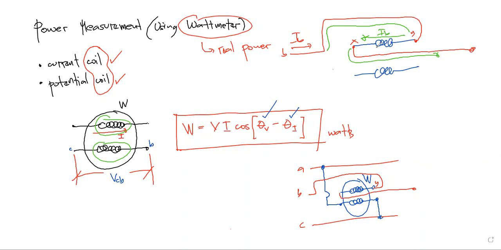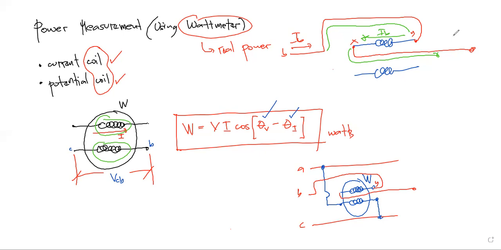So the current is now flowing from right to left. With this notation, the wattmeter will still indicate the same number as the original connection, which is B connected to X and Y connected to the load.